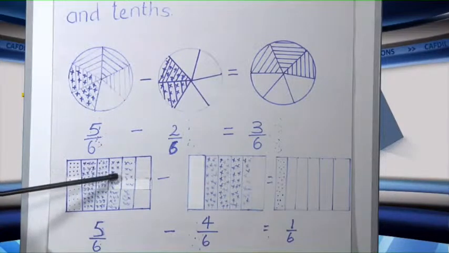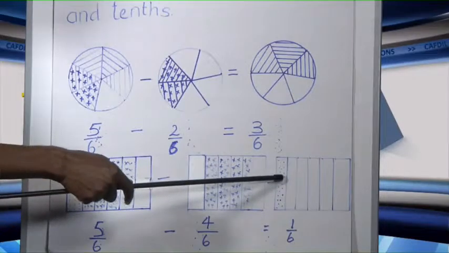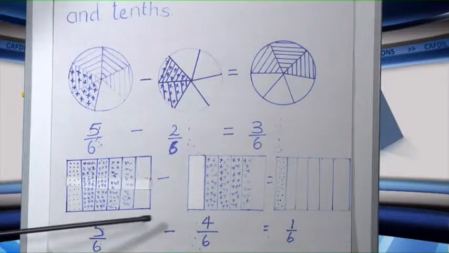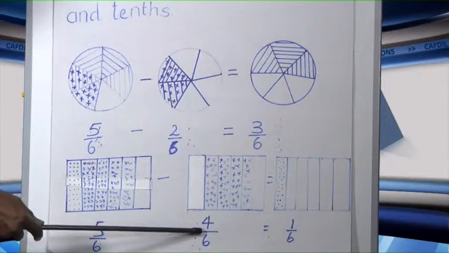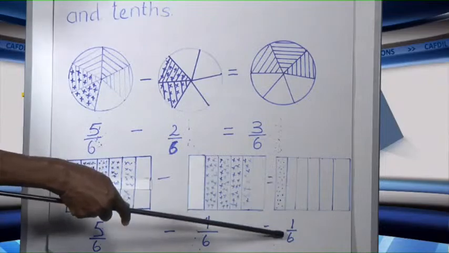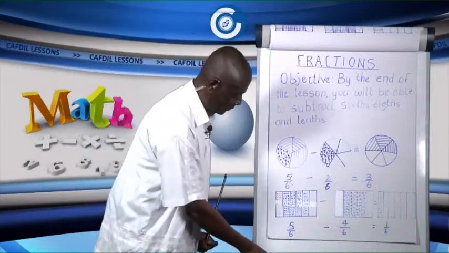What will be left? Yes, this is what will be left. And so it means 5/6 minus 4/6 is equal to 1/6. Good. Let us continue.